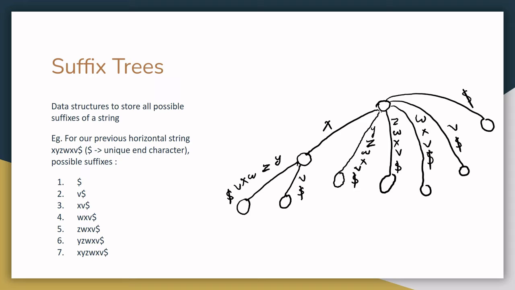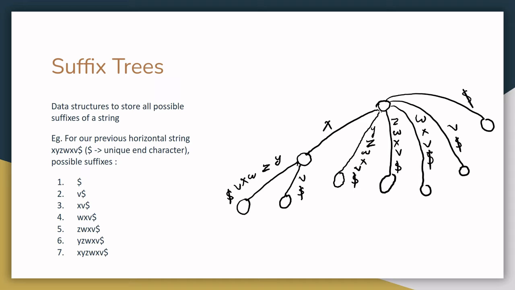Basically a dollar is a unique character which is assigned to signify the end of a string, and that string will have possible suffixes like dollar, v dollar, x v dollar, and so on. So basically the string including the dollar sign has length 7, and thus it has 7 possible suffixes.